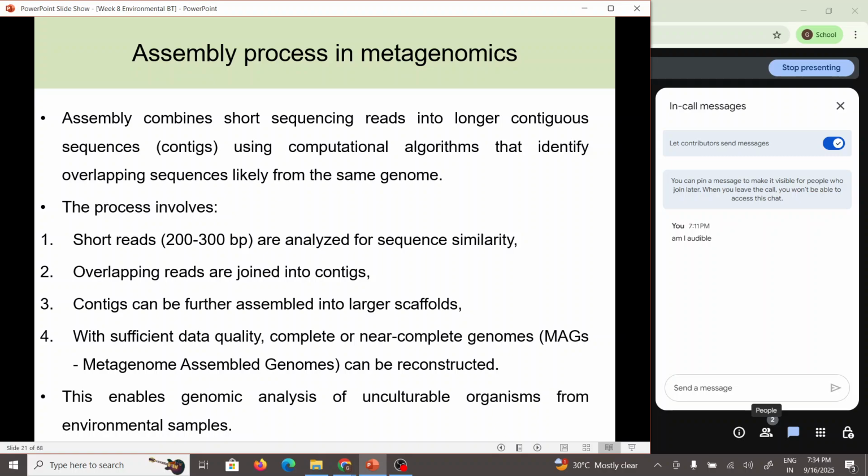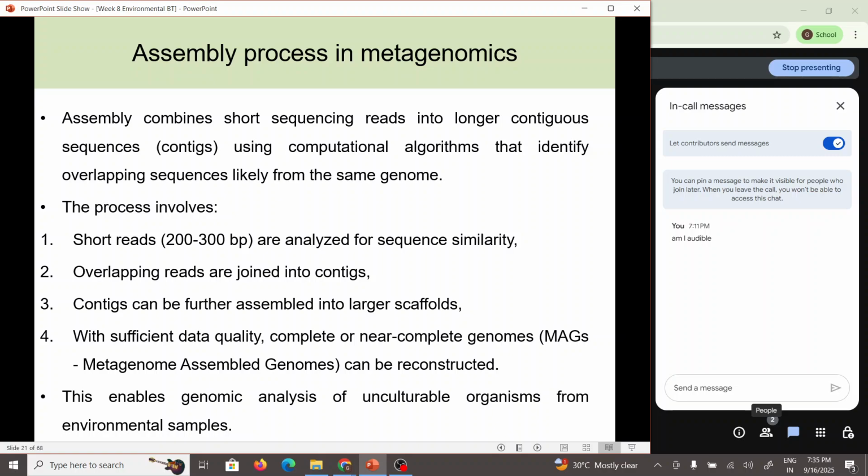Once we have extracted the DNA and gone for either amplicon generation or shotgun sequencing, after the sequencing we are going to have some data. When we go for shotgun sequencing, we have fragmented the DNA into small fragments and then sequenced each fragment. Now we have to go for the assembly process, where we combine the short sequencing reads into longer contiguous sequences called contigs.